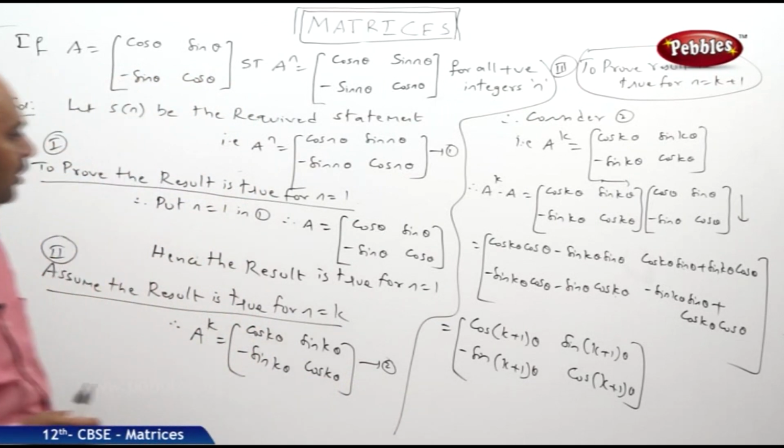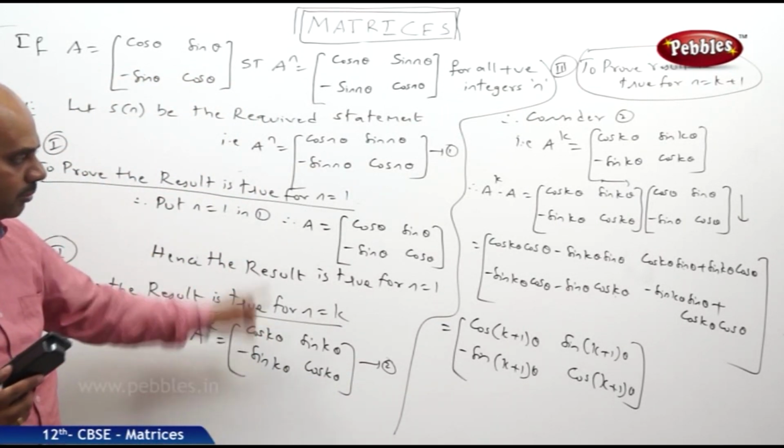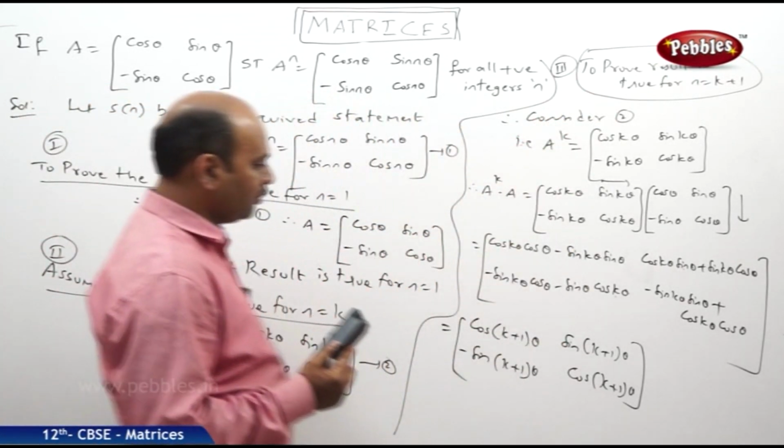Now, we proved for n equal to 1, we assumed for n equal to k, and we have proved the result for n equal to k plus 1.